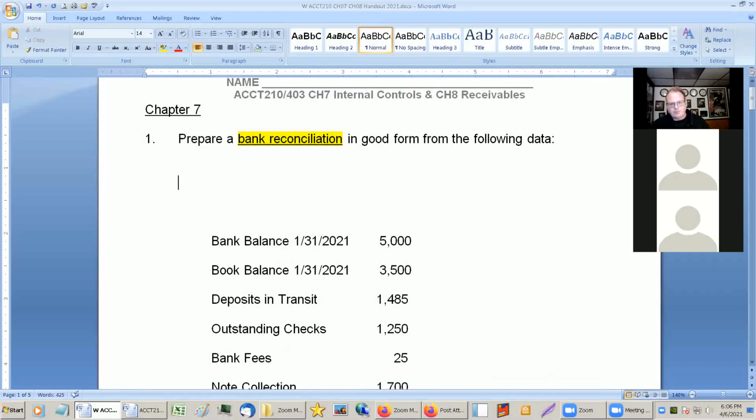you'll get your bank statement at the end of the month.